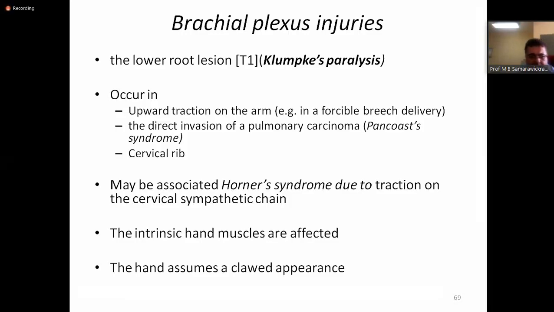The intrinsic muscles of the hand are affected because those muscles are supplied by T1. So all the small muscles of the hand are paralyzed, including your thenar and hypothenar, lumbricals and interossei. Right, so the hand assumes a clawed appearance, becomes a complete claw hand, and you need to know how to differentiate it from ulnar claw hand.